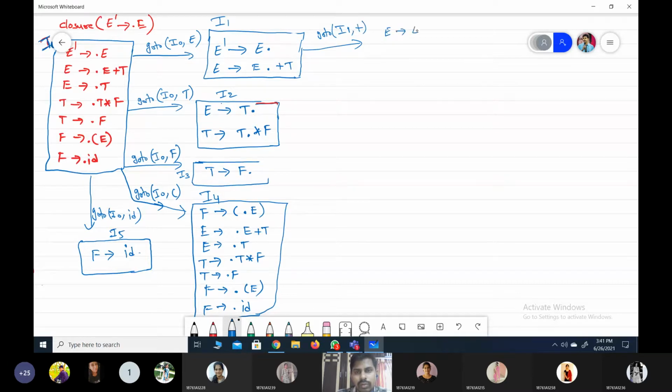E tends to E dot plus T. Is it okay? If we apply plus on the item set, where do we have to represent the dot? After the plus. So that means E tends to E plus dot T. You have to represent the dot here.